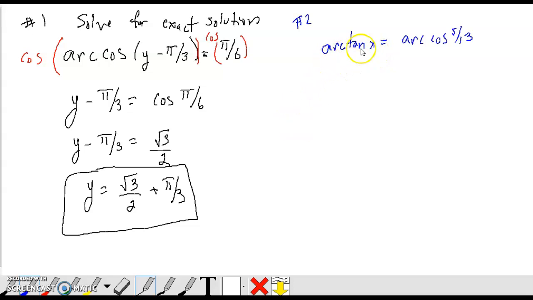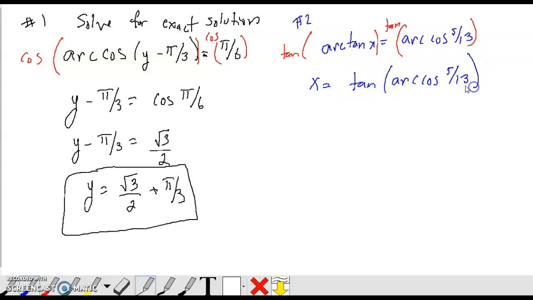Okay, so I'm going to go ahead and apply, because it's already by itself, tangent to both sides. So tangent, again, these are going to cancel each other out, leaving you with x is equal to tangent of the arc cosine of 5 over 13. Now this should be familiar to our first video where we didn't have an x is equal to, we just had an expression.